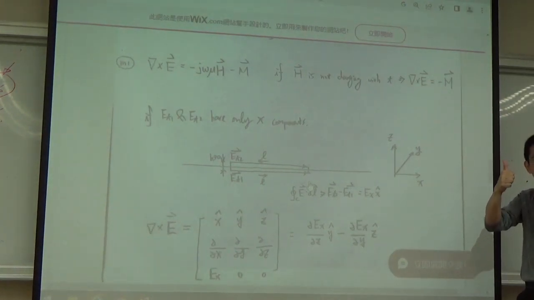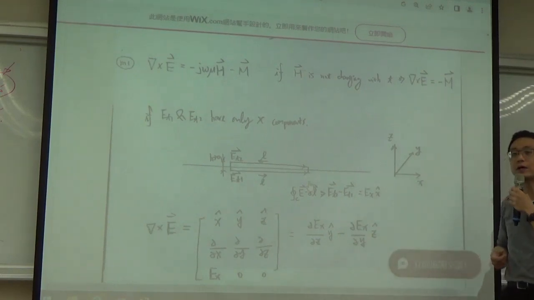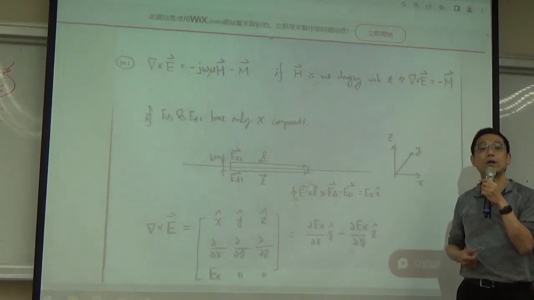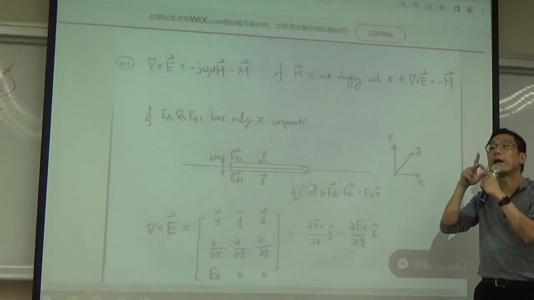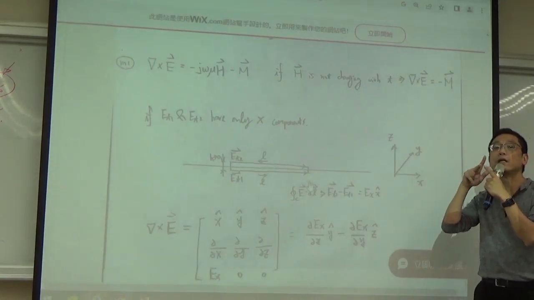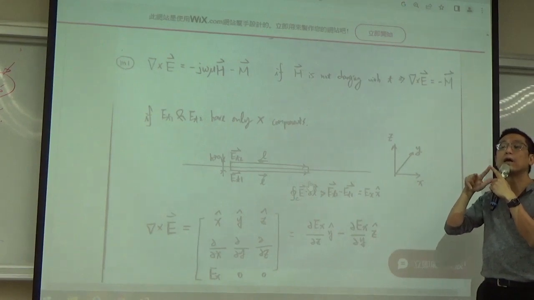你们知道 X, Y, Z 的方向的定义吗？ You guys know? No? Okay. For the X, Y, Z coordinate, we call that a rectangular coordinate. X, Y, Z are always independent to each other.